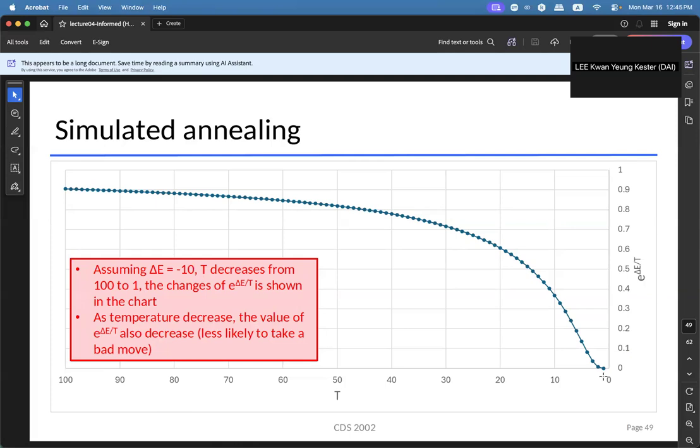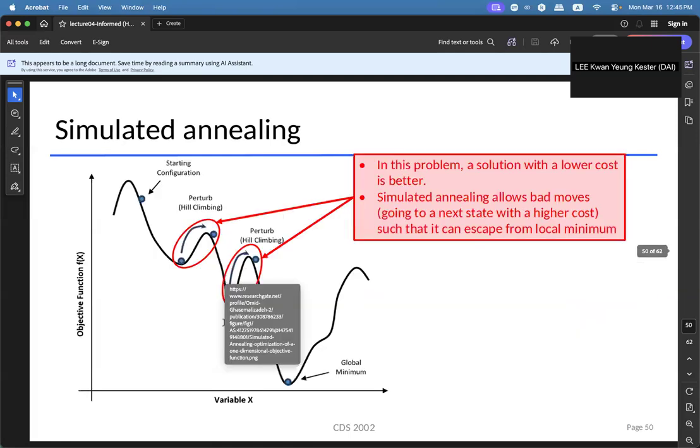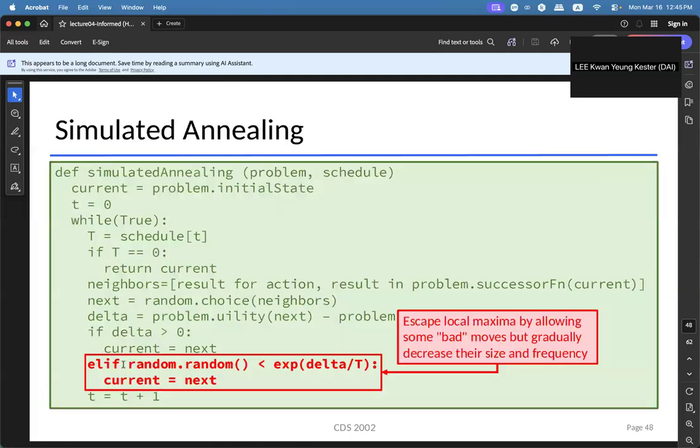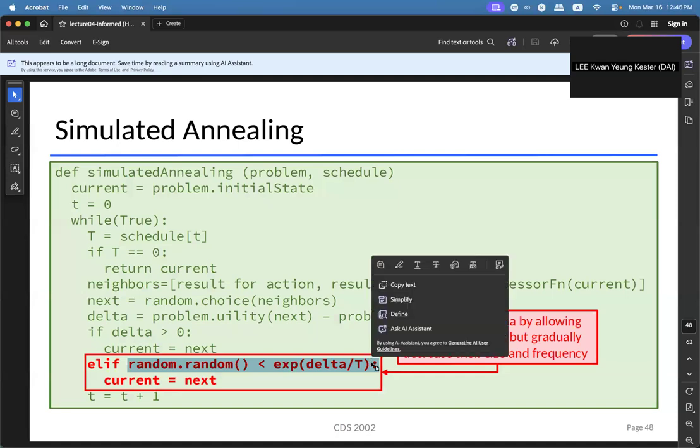One thing you must notice is that delta E is naturally negative, because you trigger this calculation only when the delta is not positive. So this calculation is only triggered when delta is negative.